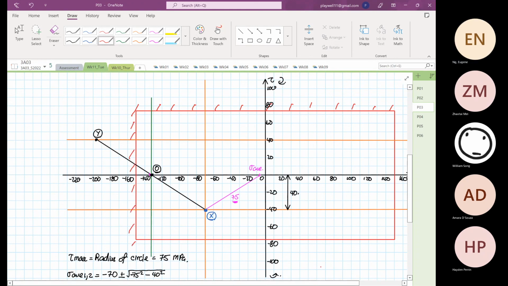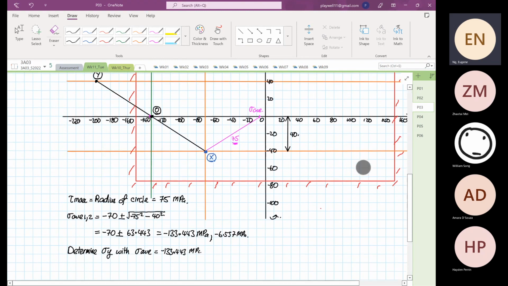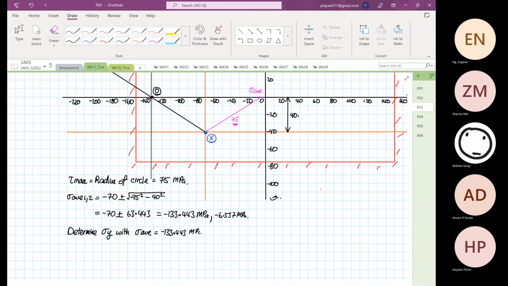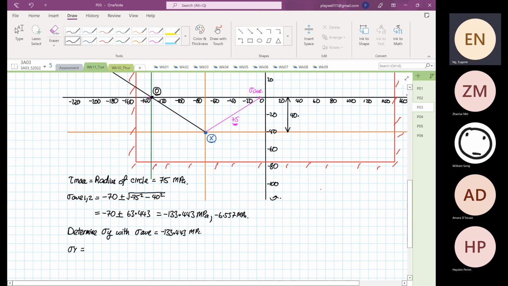But I'm going to draw the complete 3D Mohr circle to show you why this is wrong. As you can already see, it's on the outside. So now if we were to calculate stress Y with this, it is equal to minus 133.443.